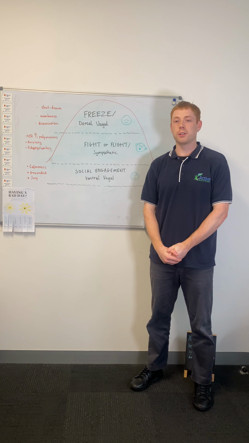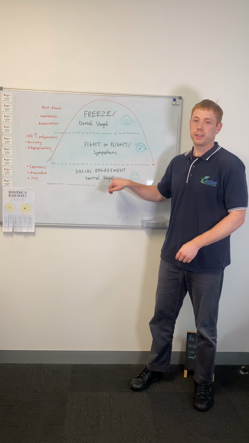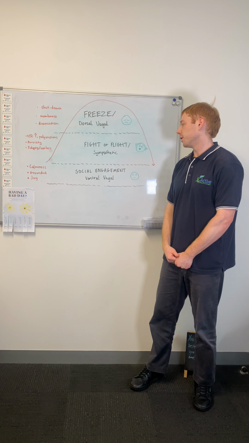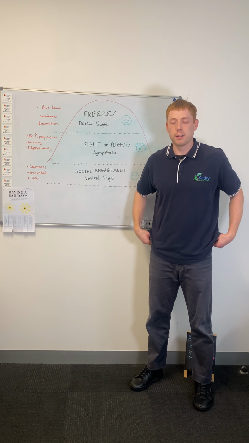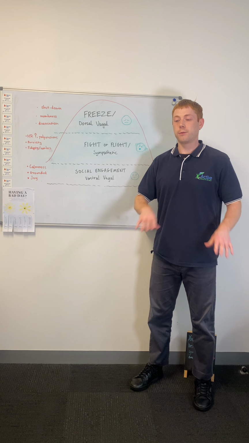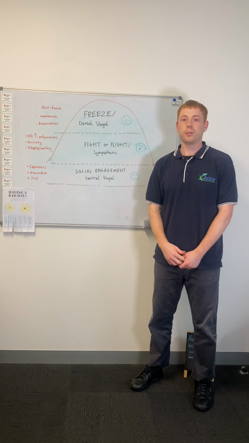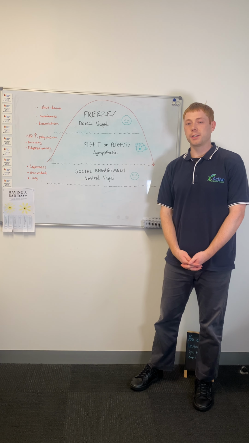So essentially, we want to figure out ways to move towards a social engagement state, ventral vagal, so down-regulate. Specifically, when we're thinking about invisible illnesses, if you've watched some other Active Health Clinic videos, or you just understand invisible illnesses, pacing is super important.